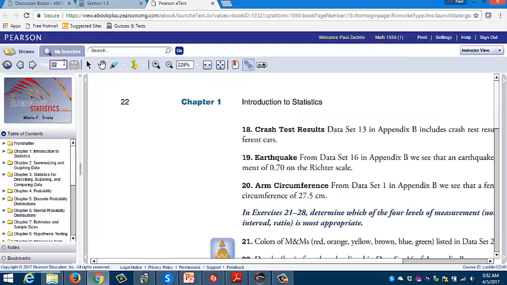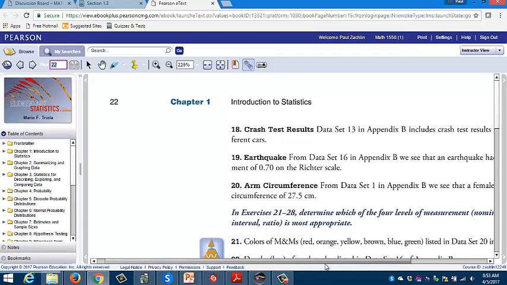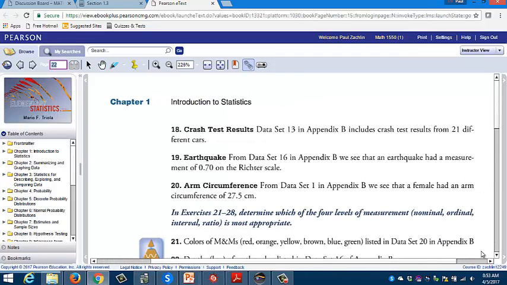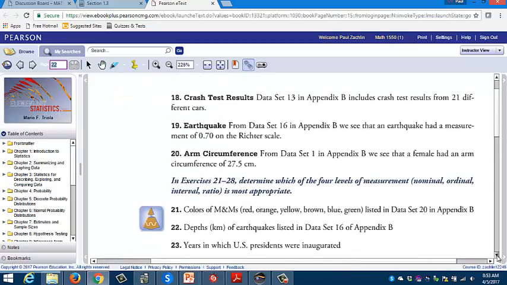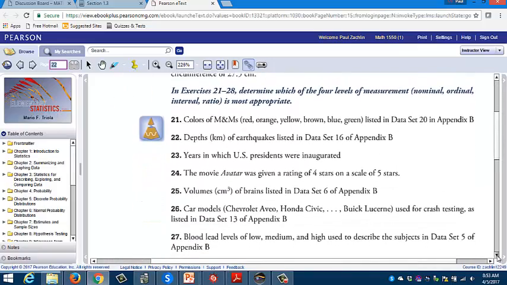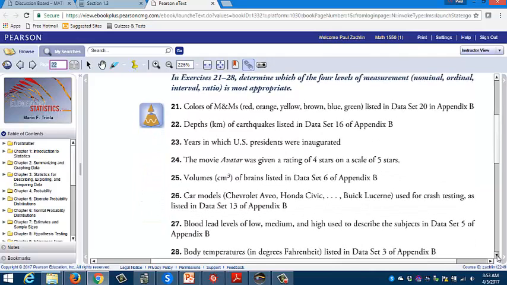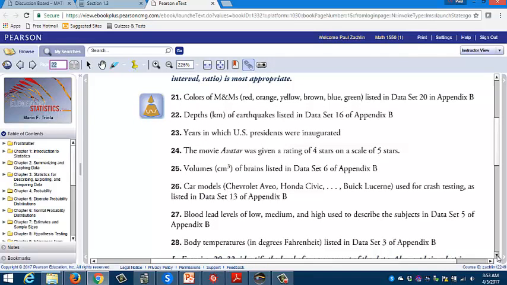Okay, so question 22, right? You say, which of the 4 levels of measurement are we talking? So here we go. 22. Depths, kilometers of earthquakes. Oh, I remember that data set. That's the one I was having trouble finding that one day. Right?